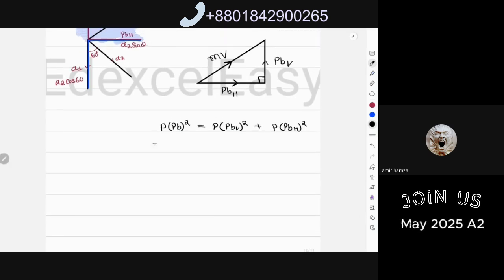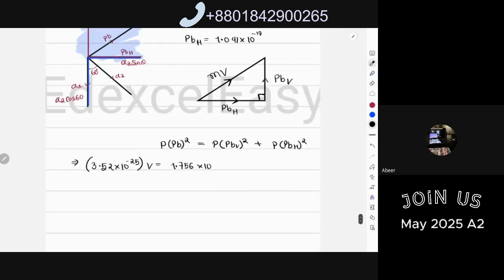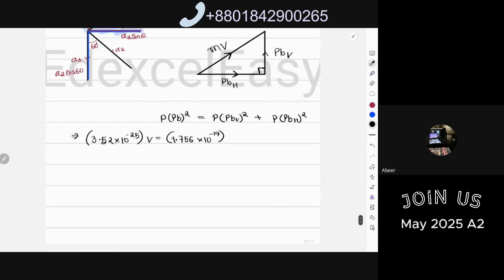Is there any problem so far? Is this clear at this point? Yeah, it's clear. Okay. So now I'm going to make this 3.52 into 10 to the power negative 25 multiplied with velocity, and that is now equal to 1.756 into 10 to the power negative 19 whole square plus 1.041 into 10 to the power negative 19 whole square.